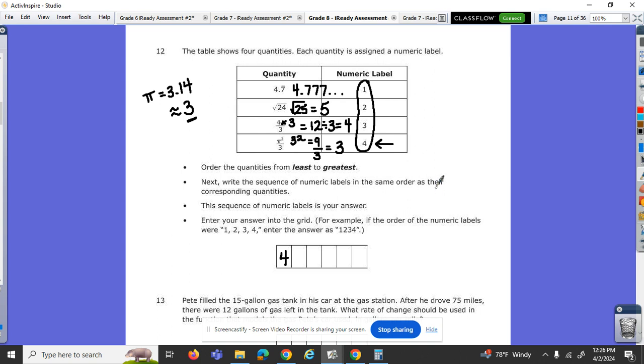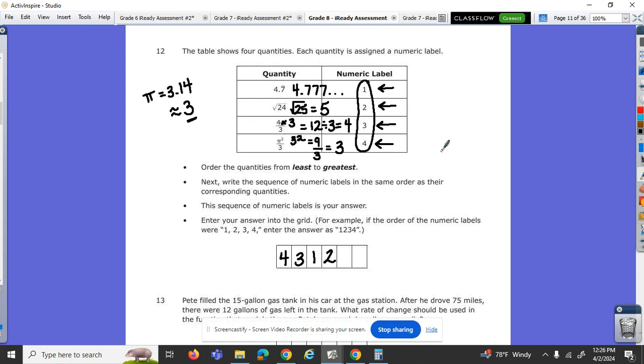Okay, the next biggest is 4, so we use this label, 3. Our next biggest, 4.77, so a 1. And of course, biggest is about 5, so we use 2. So 4, 3, 1, 2 is our answer.